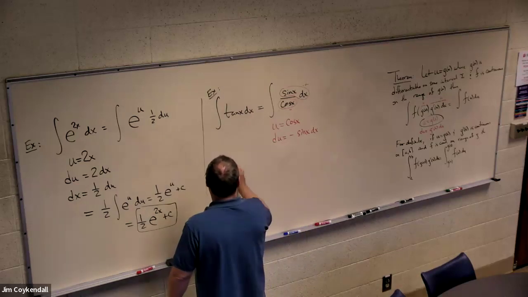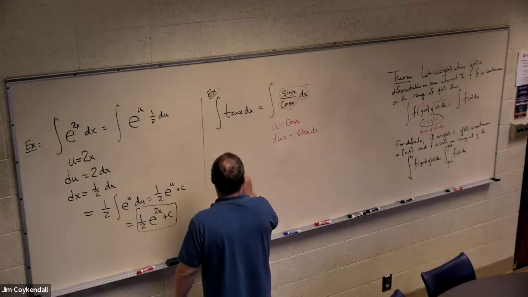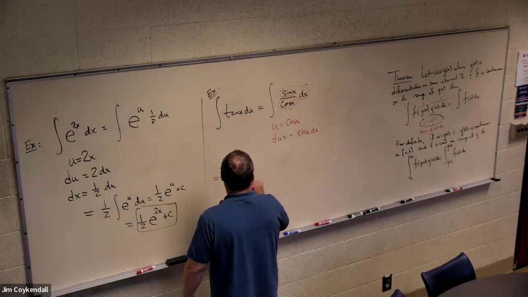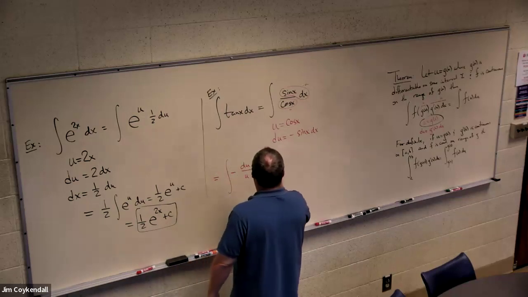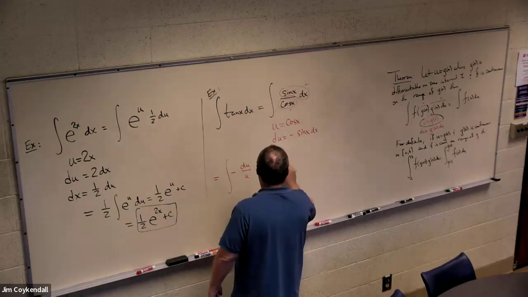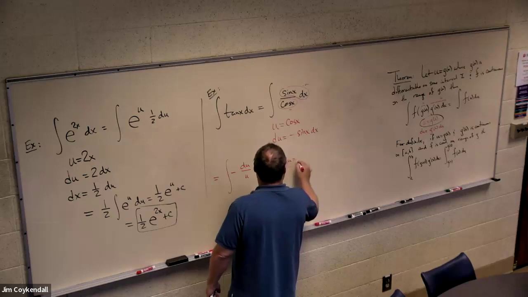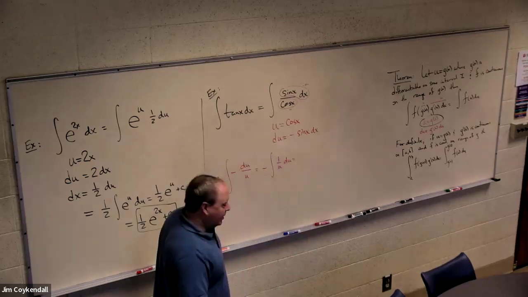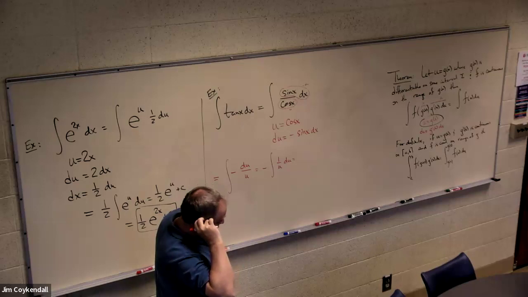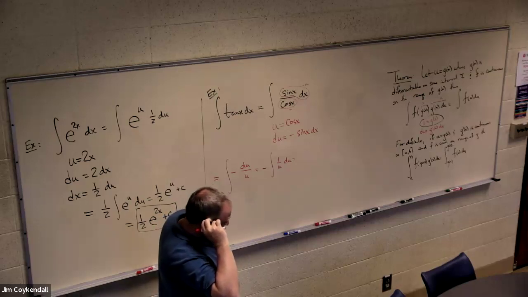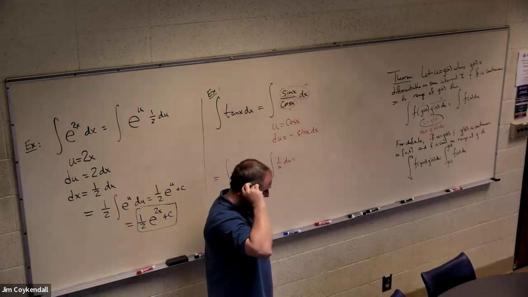So this becomes the integral of negative du over u. It's negative 1 over u du. And what's the antiderivative of 1 over u?